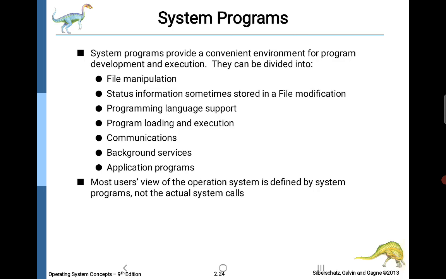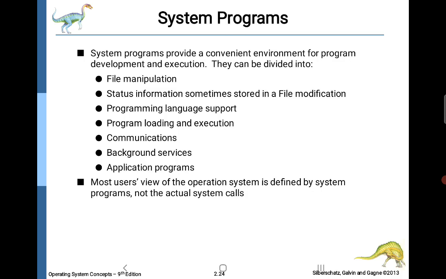Now the third layer is the system programs that actually do the job, that actually carry on what a system call brings into the operating system. An open file system call will trigger several system programs to get the end result, to open that file.